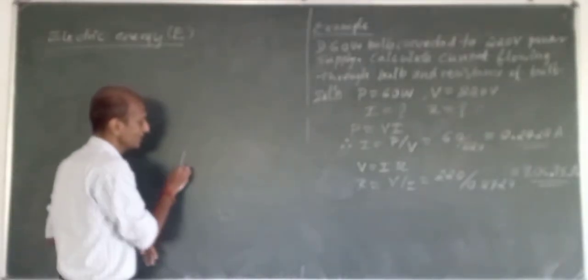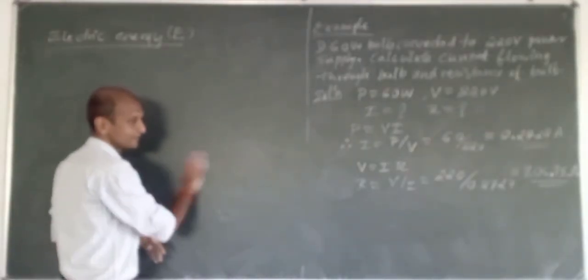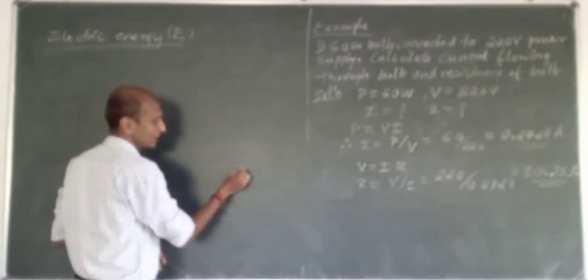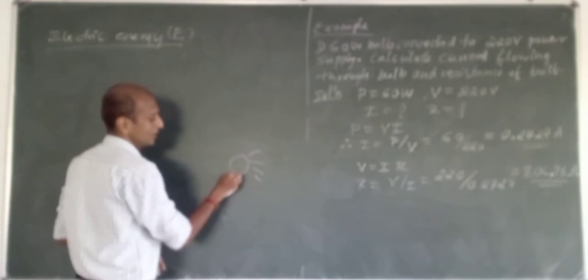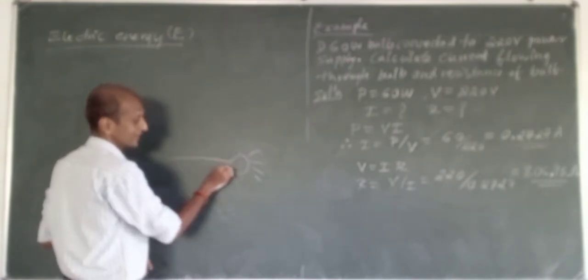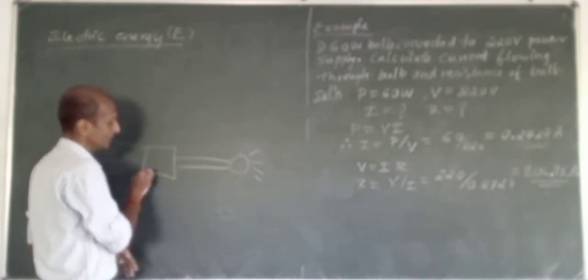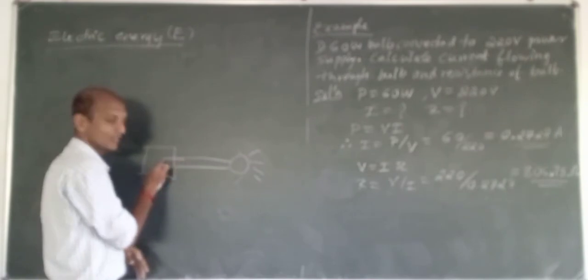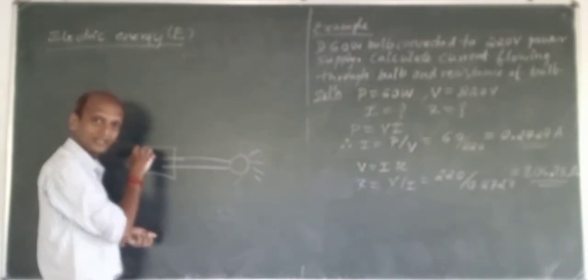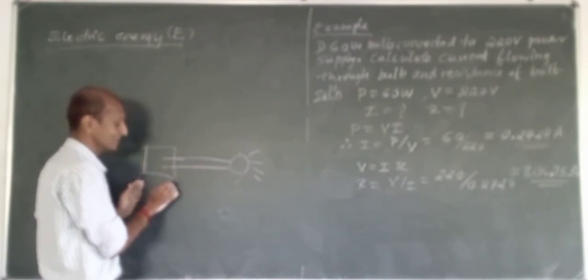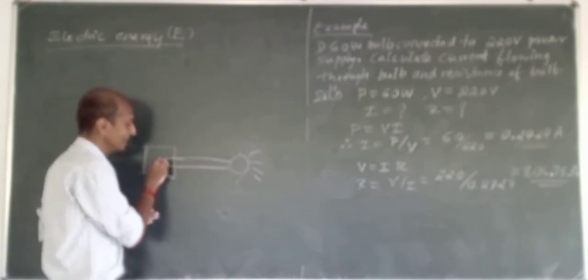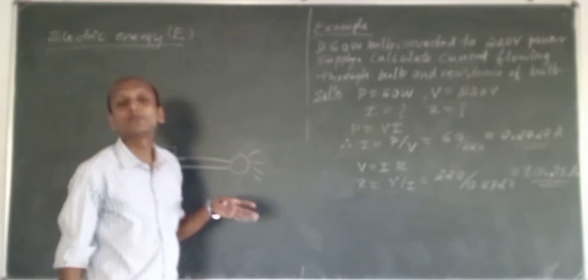What is a power supply? If this is your bulb, it will glow when it is connected to your AC mains or any plug-in. That is the power supply, a source from which I get the energy.